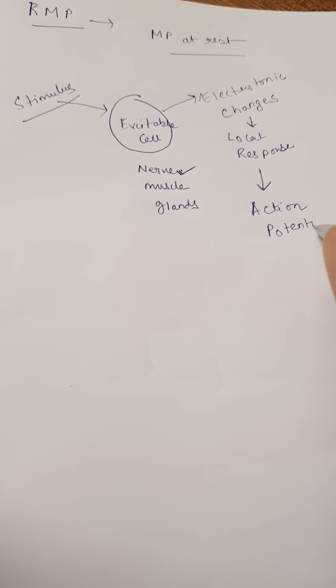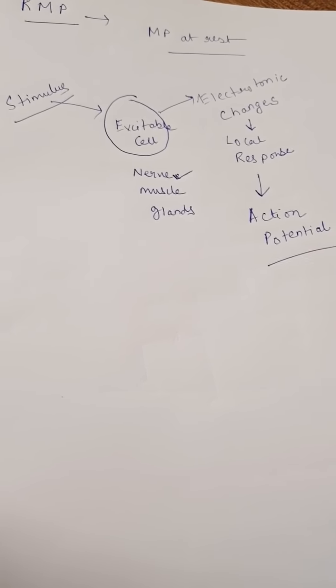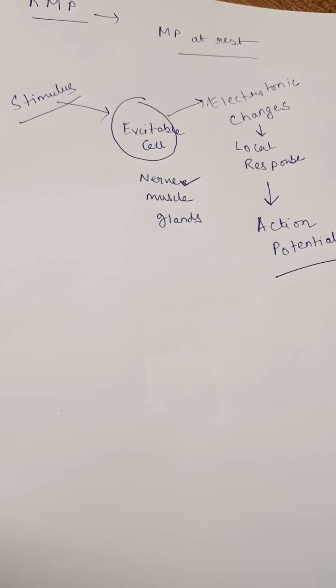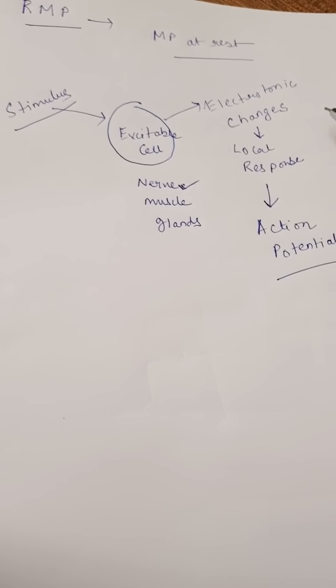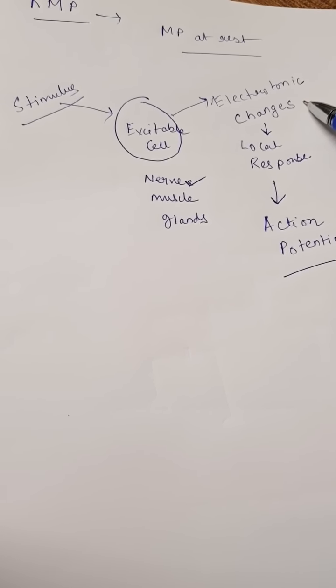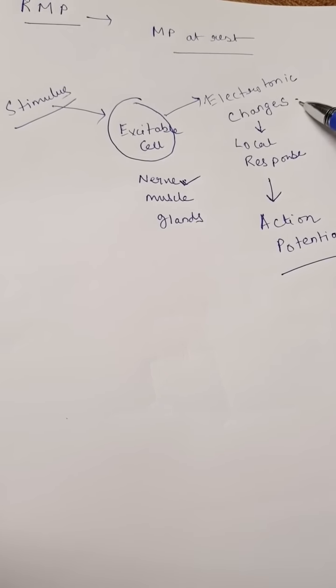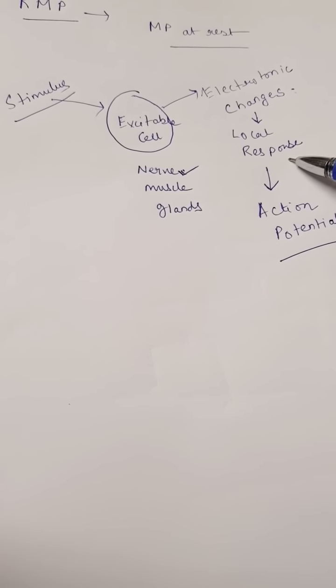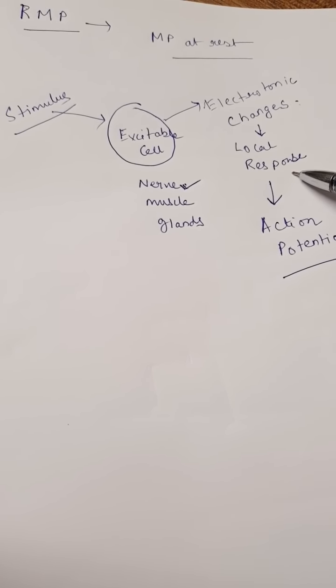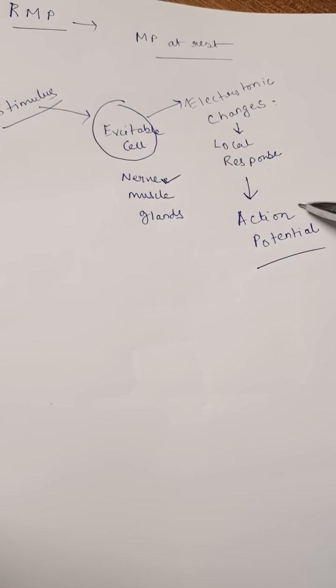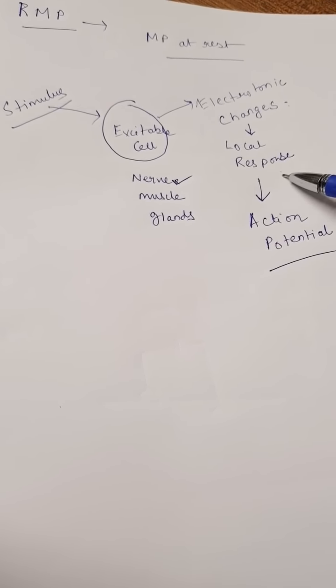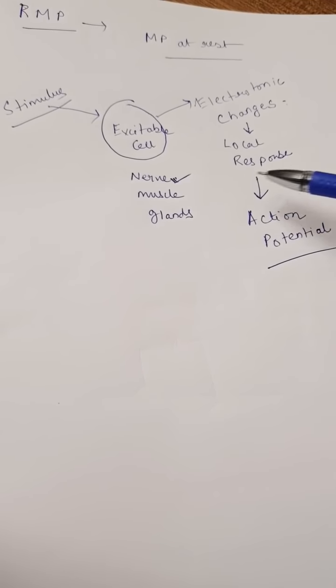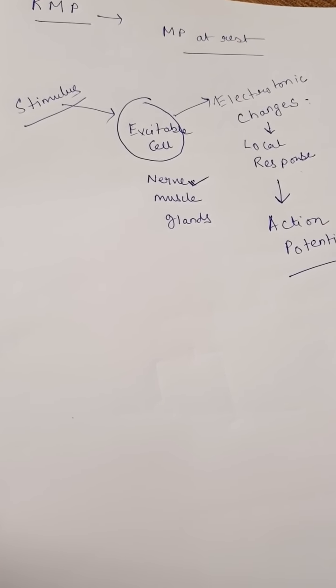Okay, we will all discuss this later. So depending upon the strength of the stimulus, either we will get an electrotonic change, or if the stimulus is strong enough, a local response, and if it is strong enough to reach the threshold, we will get an action potential.